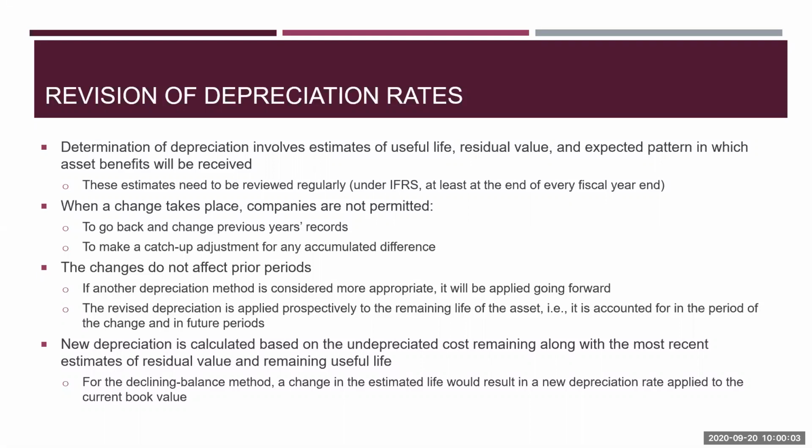So we will account for that method going forward as well. We will not make any retrospective application. Leave that information be. So your new depreciation is calculated based on undepreciated cost remaining along with the most recent estimates of residual value and remaining useful life, and we will only account for that information going forward.